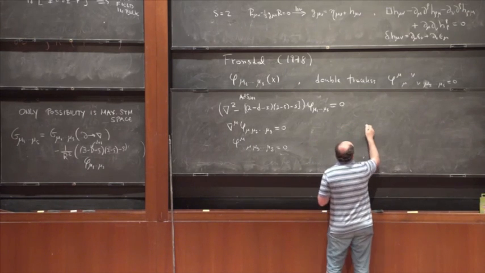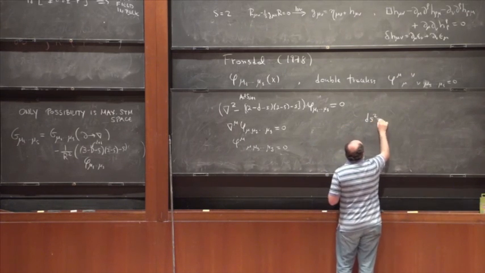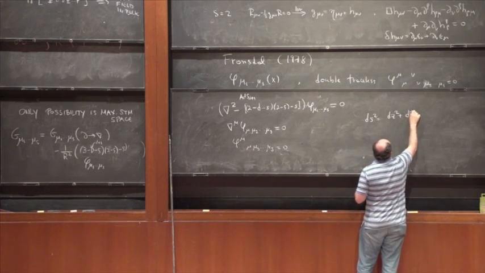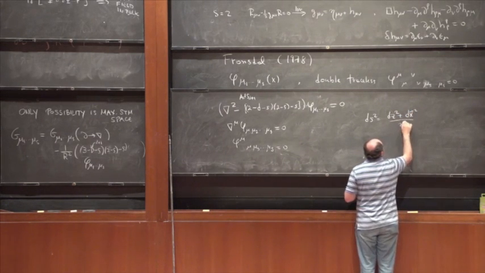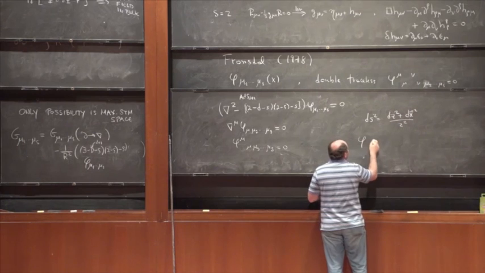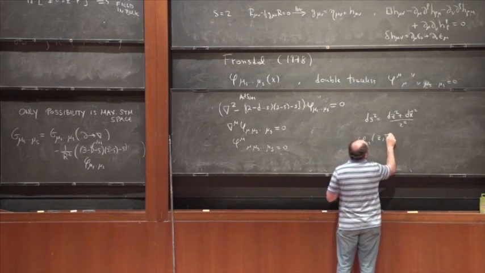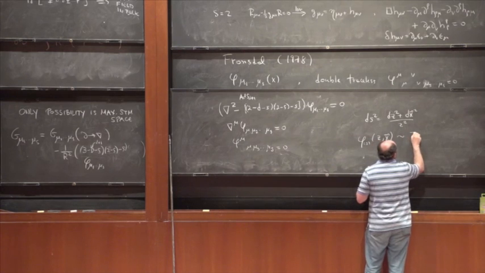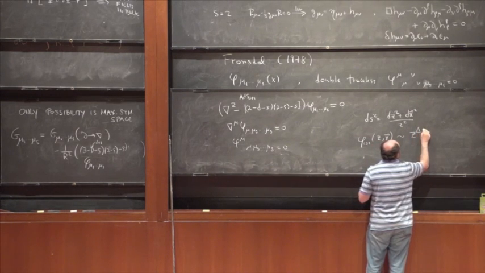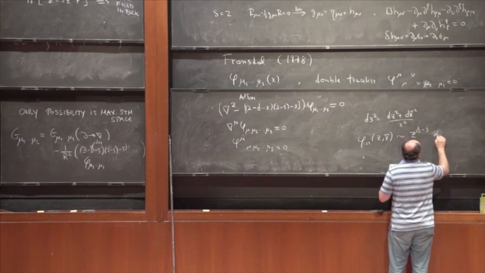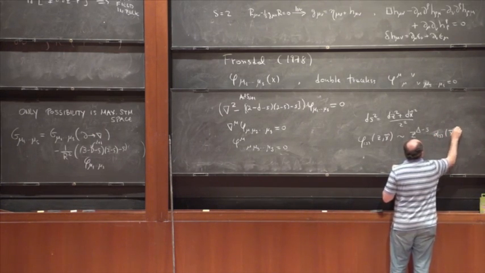So what you find, so take in the Poincaré metric, then phi, just being schematic here, for small z behaves like z to the delta minus s, some alpha, which only depends on x.